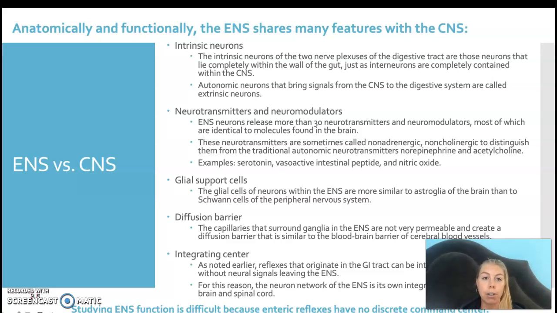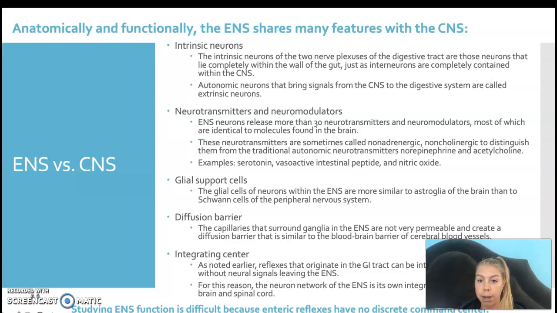Neurotransmitters and neuromodulators are also present in the enteric nervous system. So the enteric nervous system releases more than 30 neurotransmitters and neuromodulators, which are pretty much identical to those molecules found in the brain.